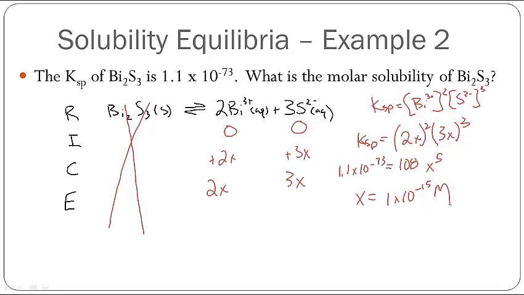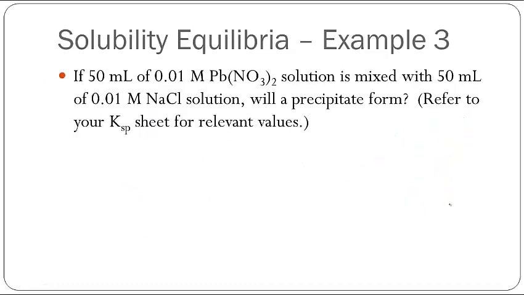Example 3. Now we have 50 milliliters of 0.01 molar lead nitrate mixed with 50 milliliters of 0.01 molar silver chloride. Will a precipitate form? So on your blue sheet, you have KSP values.